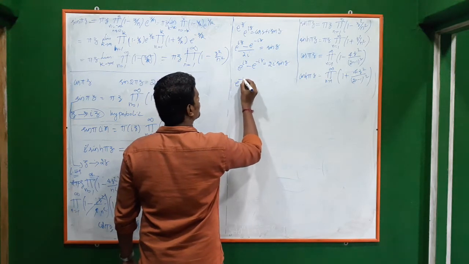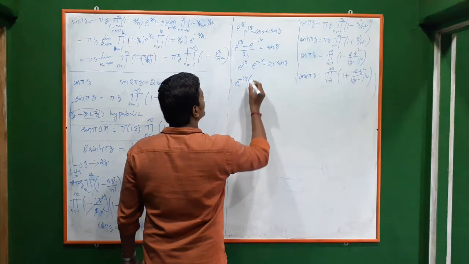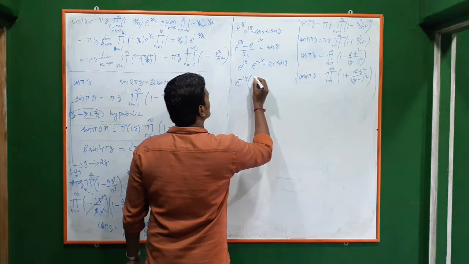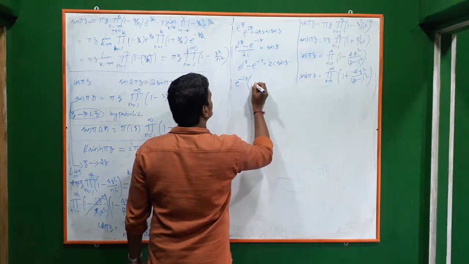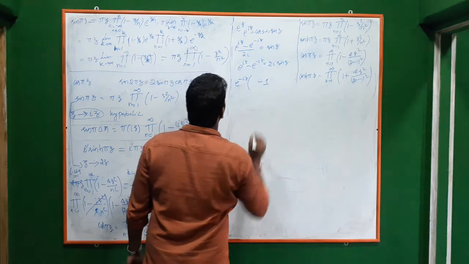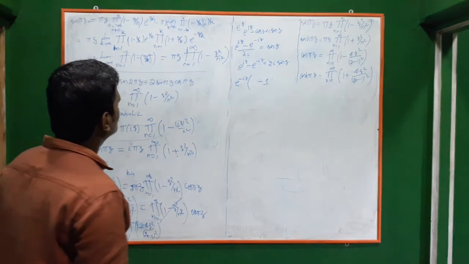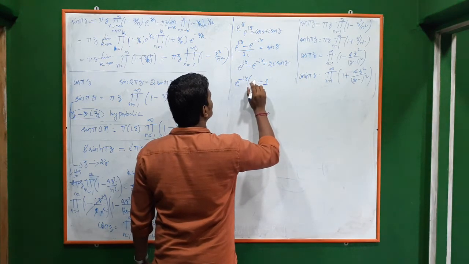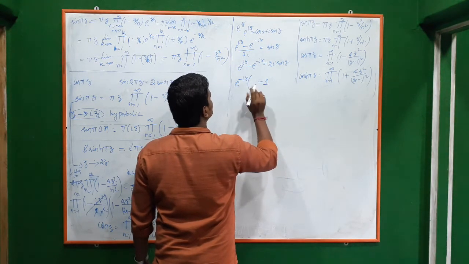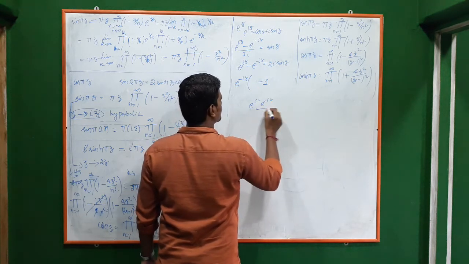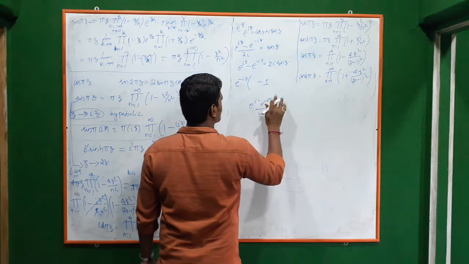Here take e power minus i z outside. Here I can write this as 1, so multiply and divide by e power minus i z. e power i z will be taken out.